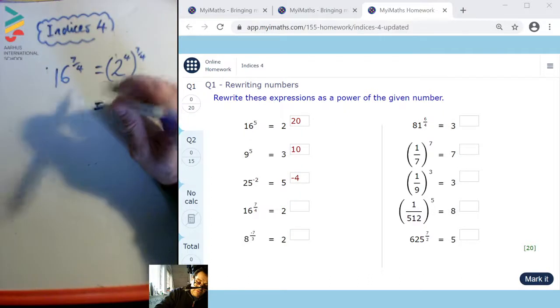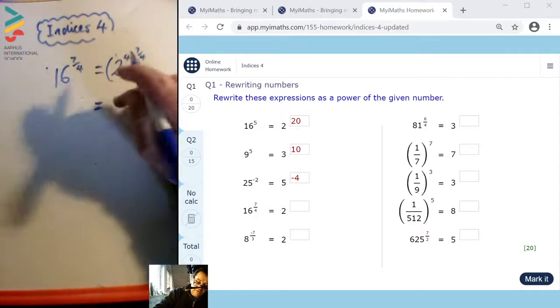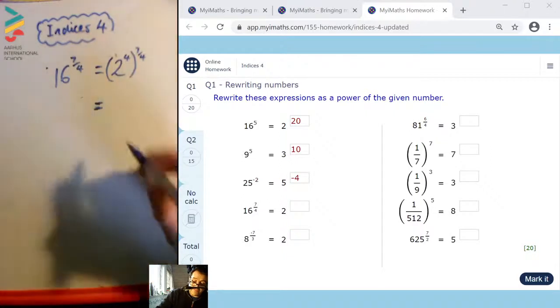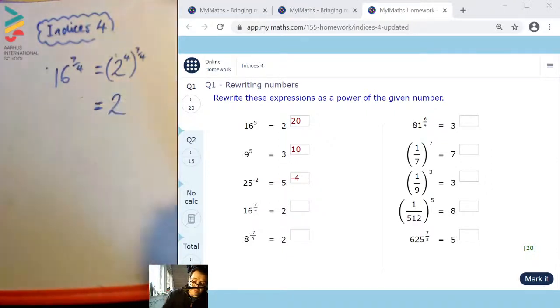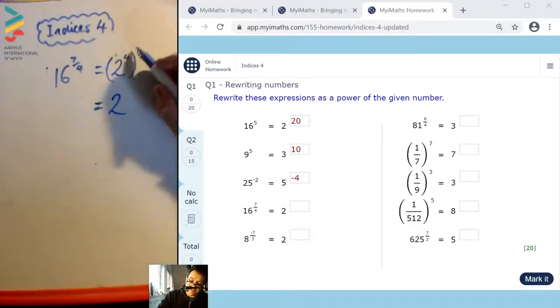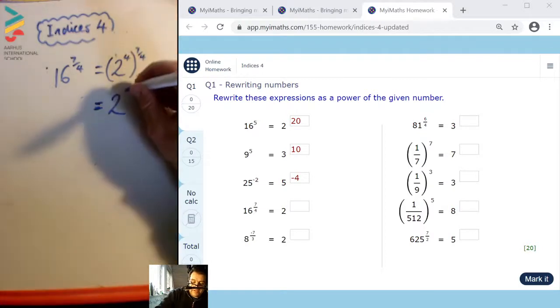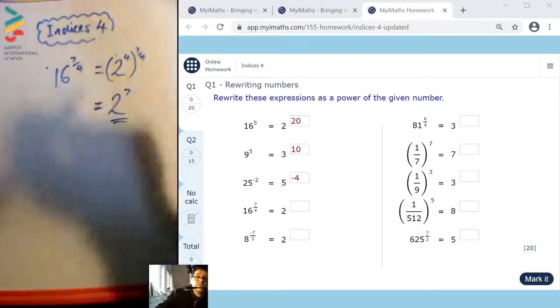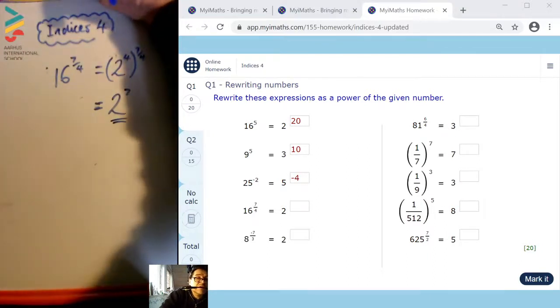Once again, the rule is multiply the powers. So 2 to the power of 4 to the power of 7 over 4 is the same as 2 to the power of 4 times 7 over 4. Well, we're multiplying and dividing by 4 there, so they cancel each other out. So that's actually just the same as 2 to the power of 7. So I'll just fill that one in.